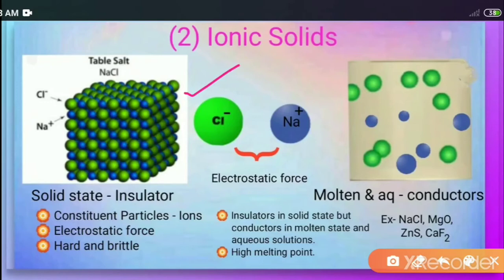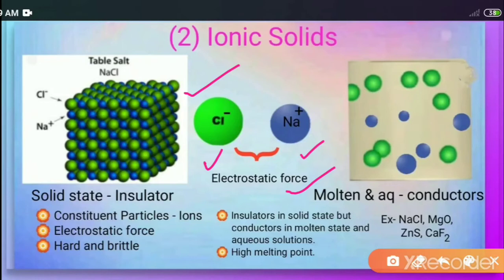NaCl is made up of two ions, that is Na plus and Cl minus, and there is a force of attraction between the two ions, that is electrostatic force of attraction, because opposite charges always attract each other. So this force is actually electrostatic force of attraction, or we can say strong Coulombic forces are there.